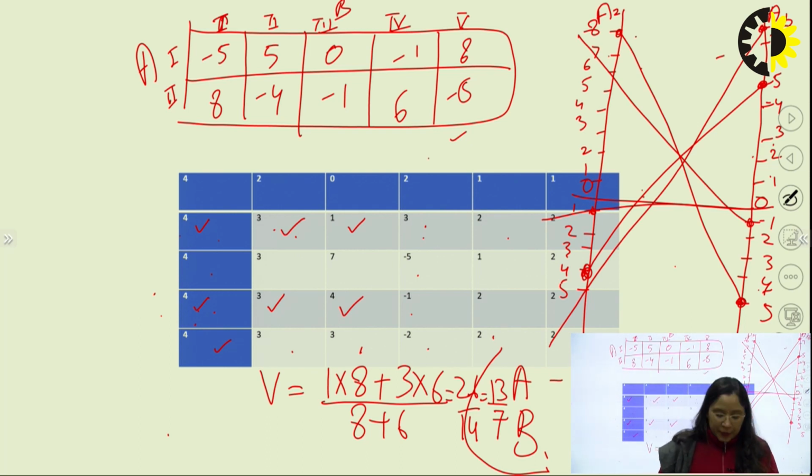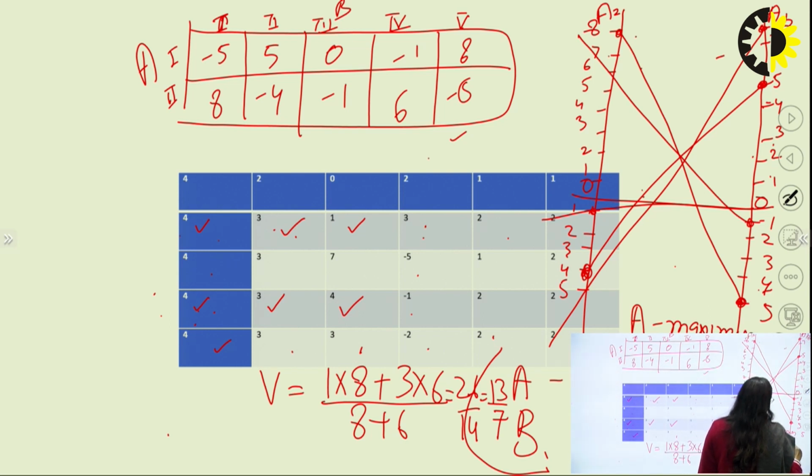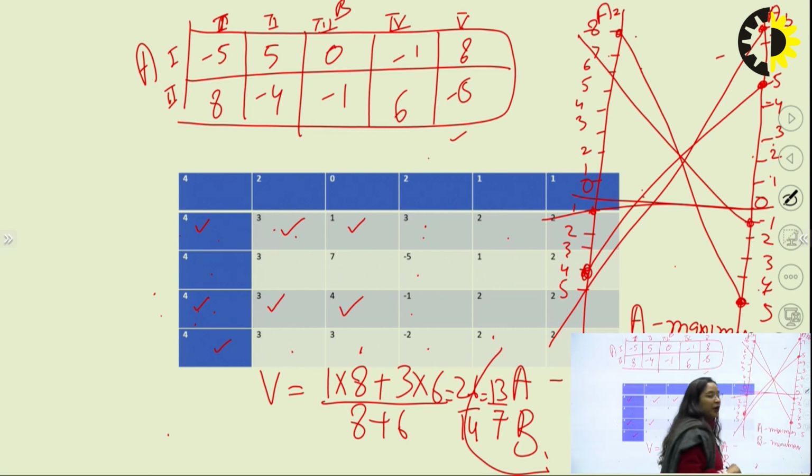So what will happen, since it is A's game, in A's game what we selected, if you remember, is maximin. And in B's game, we selected minimax. So we have to find the maximum value in the minimum region.